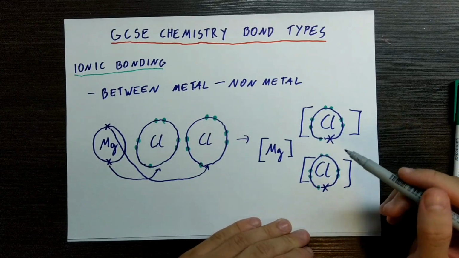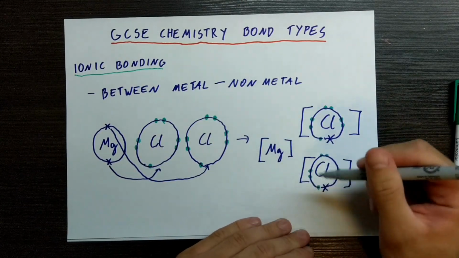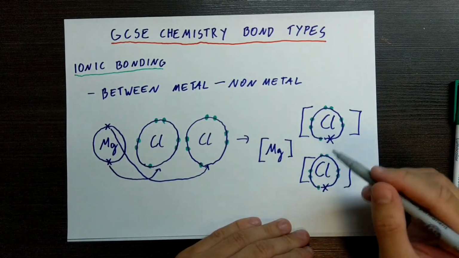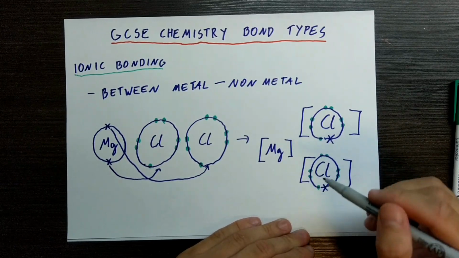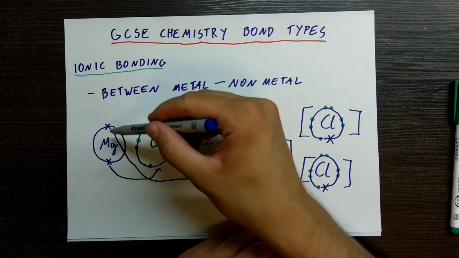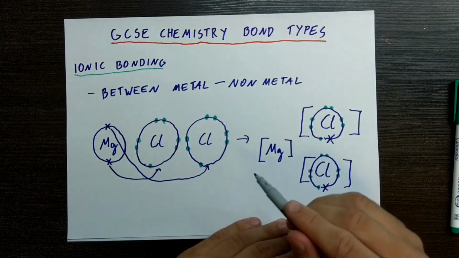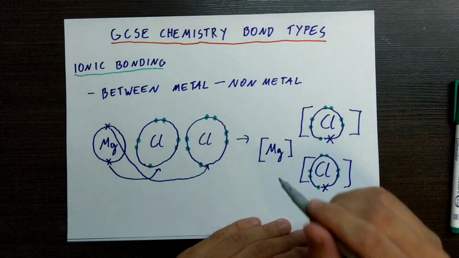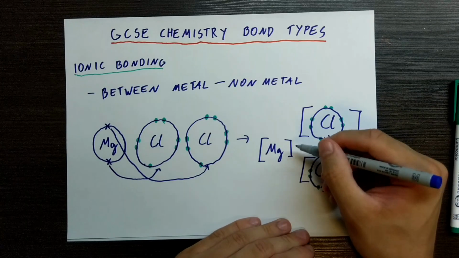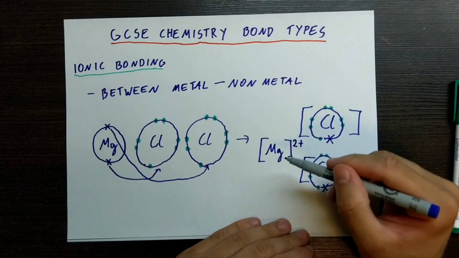However, what happened now is that we changed the alignment of these electrons without doing anything to protons. So that balance is going to be thrown off. Magnesium gave away 2 negative electrons, so now it has 2 more positive protons than it does electrons. So it has a net charge of 2+.